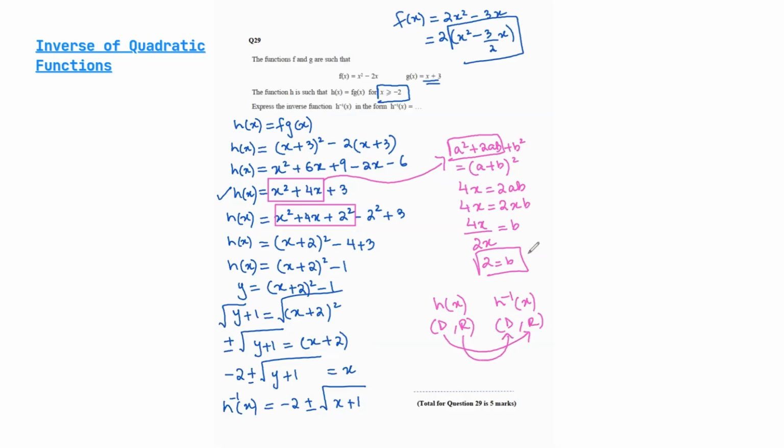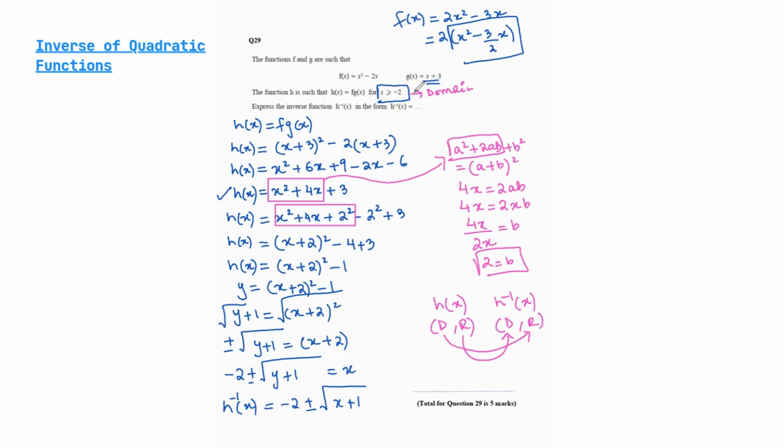So we swap them. Domain of the original will be range of the inverse, and range of the original would be the domain of the inverse. So since over here h of x exists for x greater than equal to negative 2, that means this was your domain. So now for the inverse, it's going to be your range.